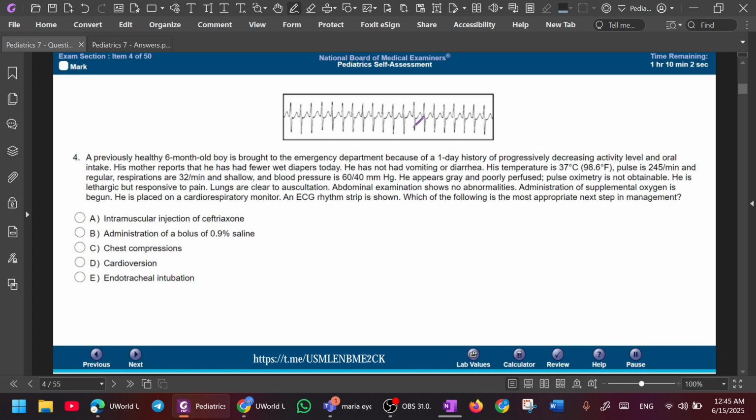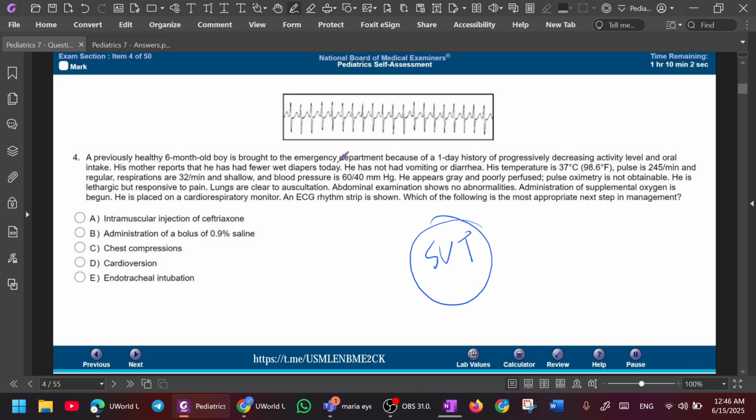What is the rate? There is no specific P wave, and the rate is very high. There is presence of P wave, but not that significant. It looks like SVT. Oh, supraventricular tachycardia. Okay, I am reading the explanation.